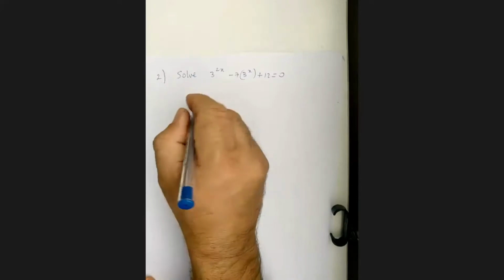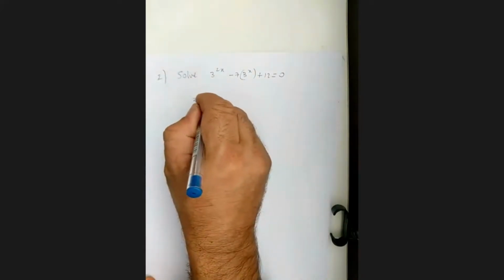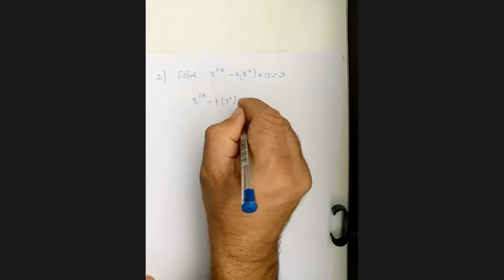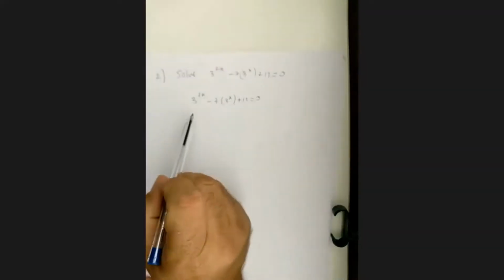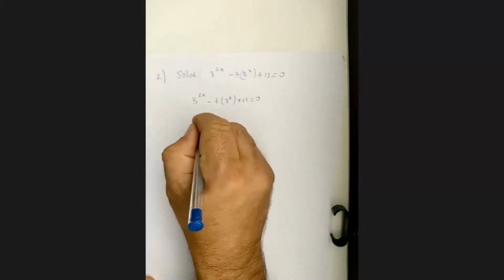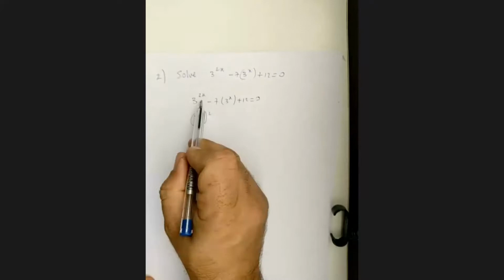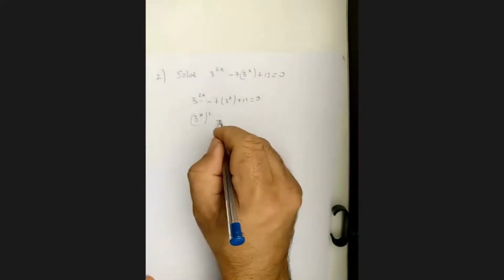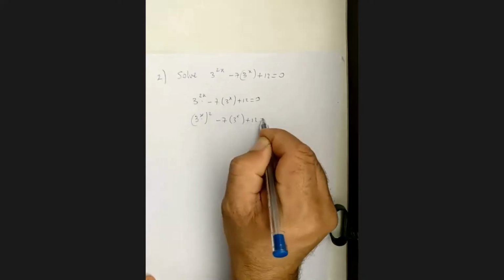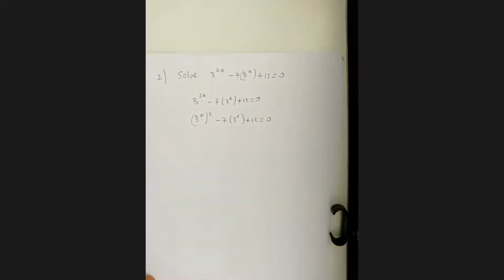I can write 3 to the power of 2x as 3 to the power of x, squared. That one is equal to that one. Minus 7 times 3 to the power of x plus 12 is equal to 0.